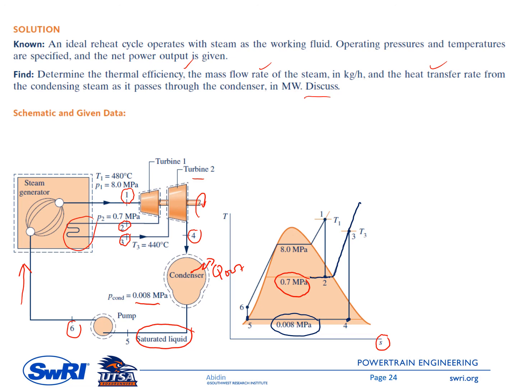Then from number 5 to number 6 the working fluid is pumped, so the pressure increases. From number 6 it flows through the steam generator, and it changes state from point 6 back to point 1, and so on.